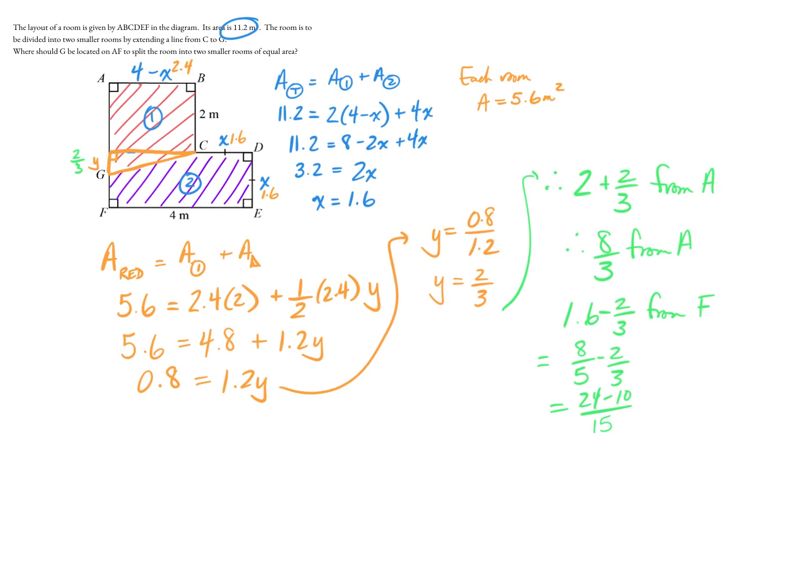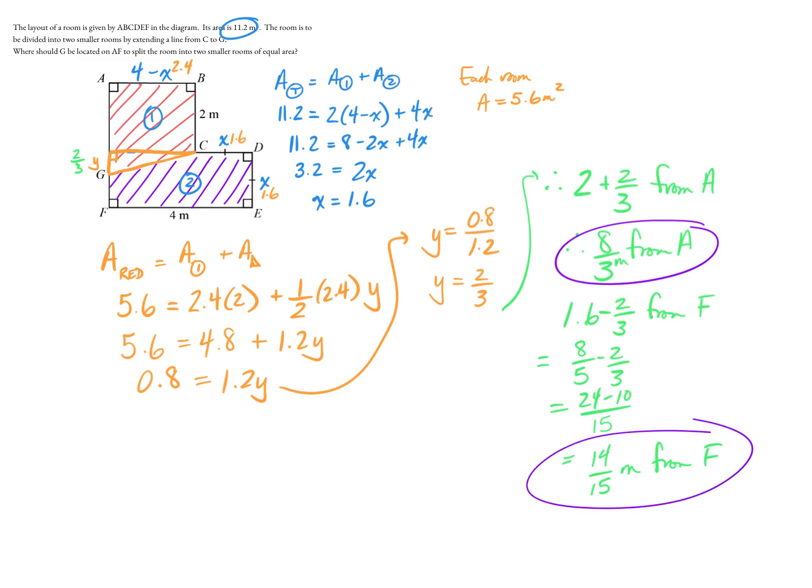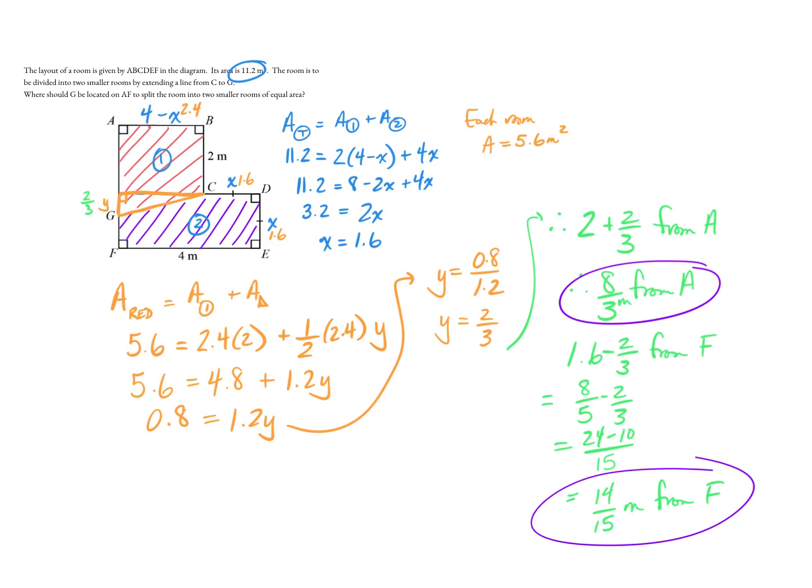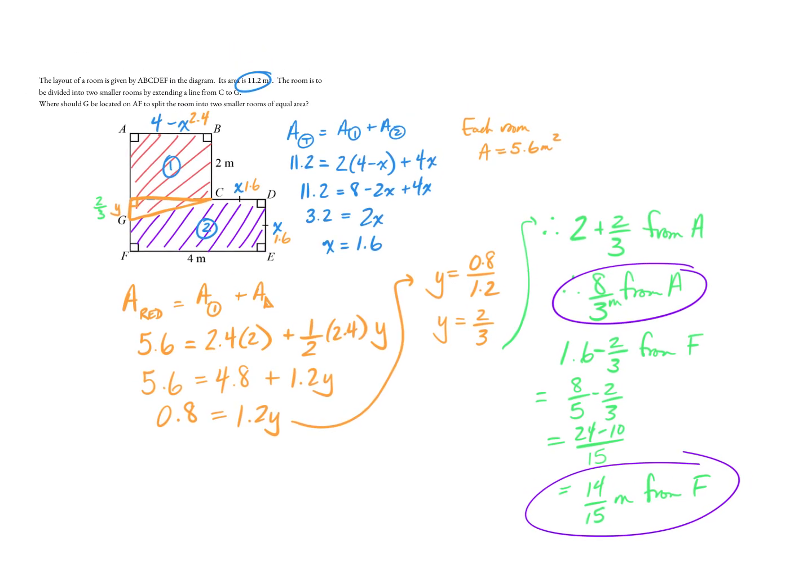And if I simplify all that, as I feel like I'm getting really messy here, then I could say that it's 14/15. And I really do need to put meters in there from F. So my two solutions, as long as I'm 8/3 meters from A or 14/15 meters from F, then I have the position that makes both of those areas equal.